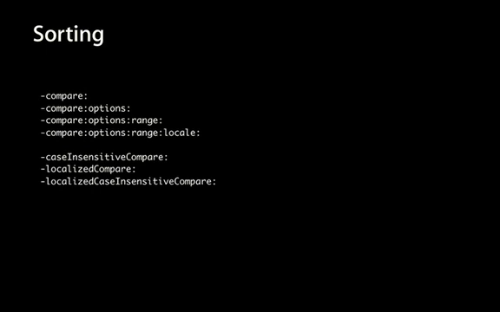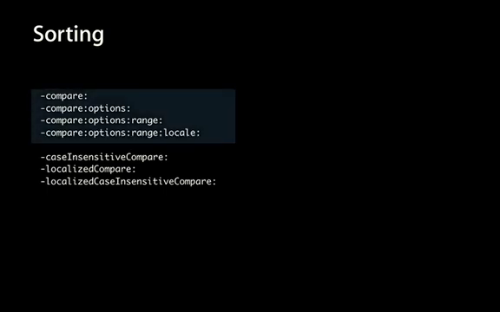One of the questions concerning comparing and sorting is localized sorting. NSString has 2 sets of APIs. The first group is compare and its variants, taking multiple arguments for specifying custom behavior.